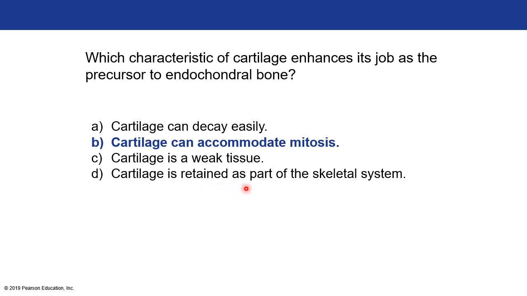Cartilage is retained as part of the skeletal system. Is that a reason for a precursor of endochondral bone? That doesn't make sense, although it's a statement that is not necessarily wrong, right? So really, the most obvious answer here is cartilage can accommodate mitosis. The bone tissue itself is not going to undergo mitosis.